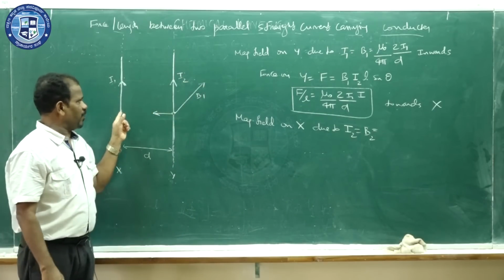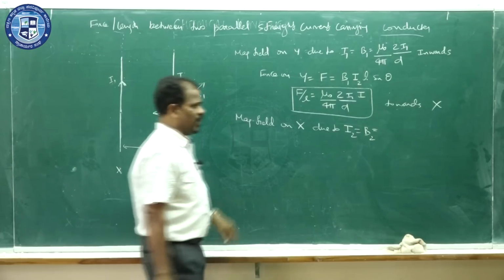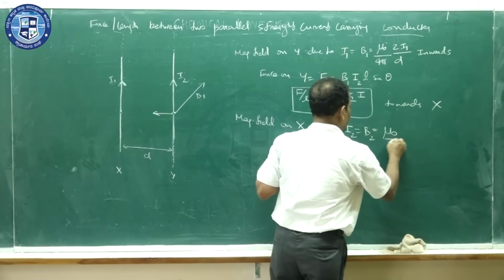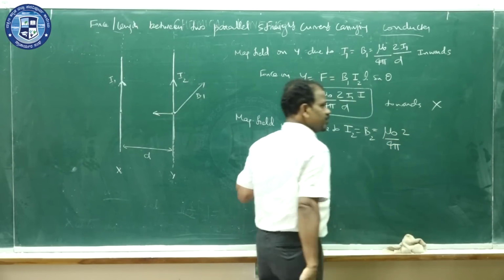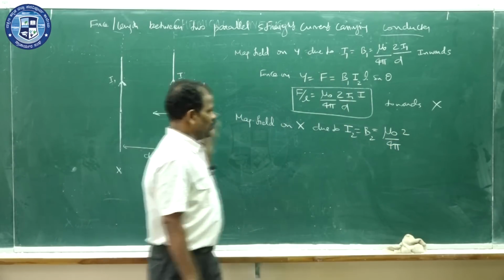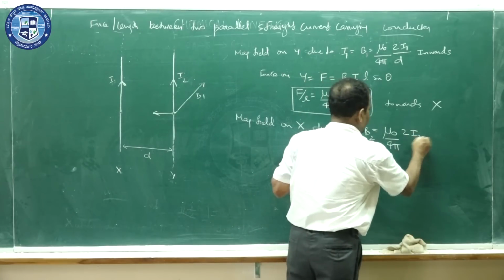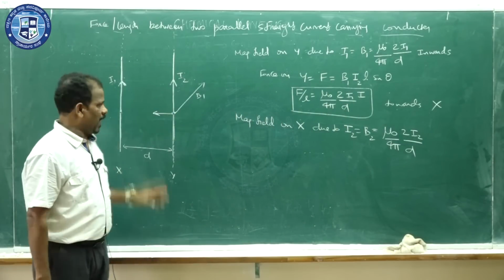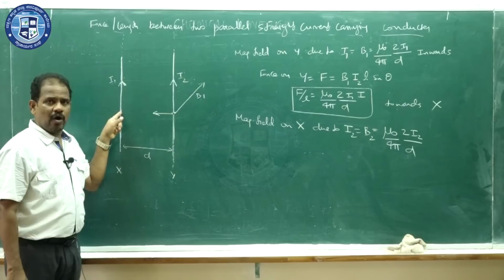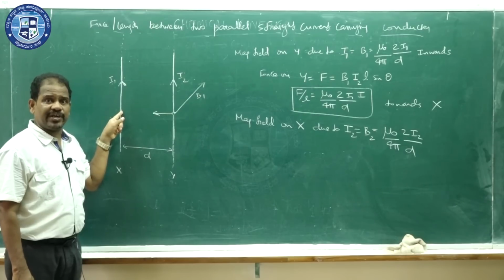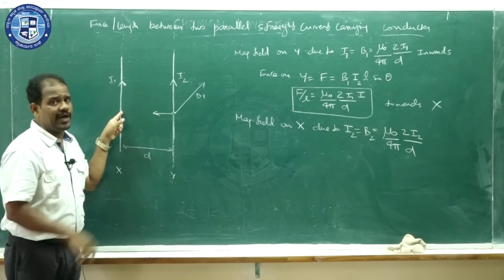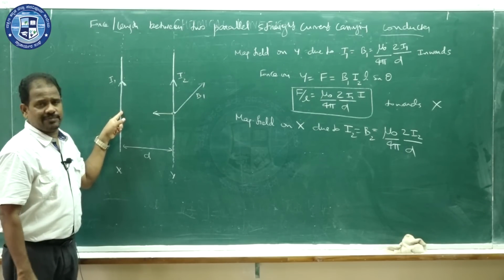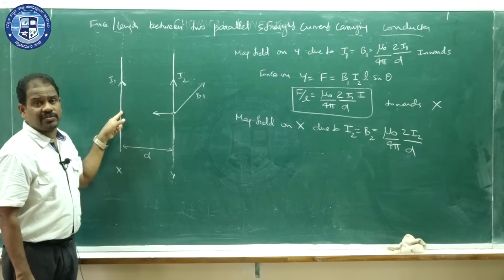Magnetic field at any point due to a straight wire is given by B equals mu naught by 4 pi, 2 I2 divided by distance D. This is the magnetic field here on the wire X, not due to I1 but due to I2. Direction of the magnetic field.